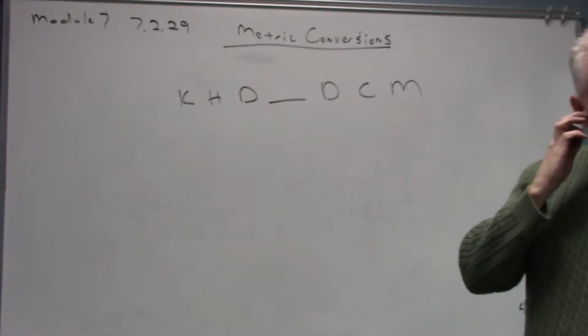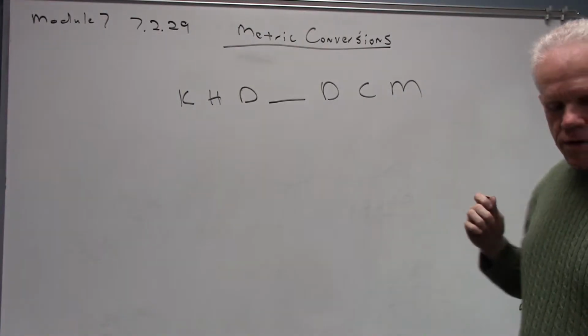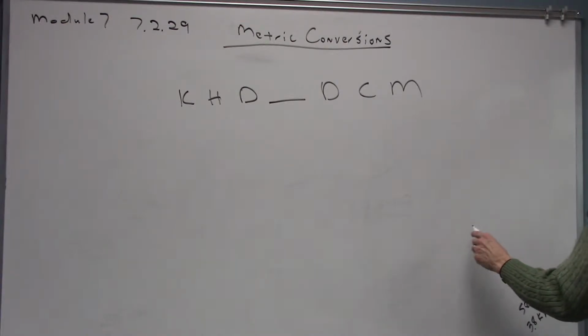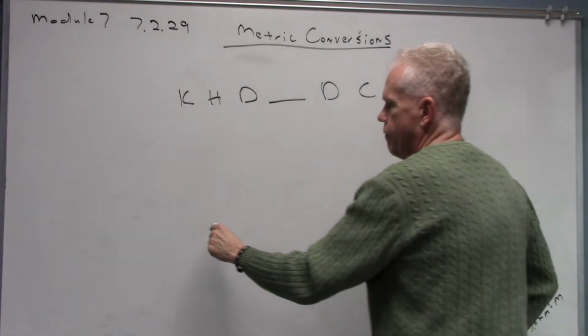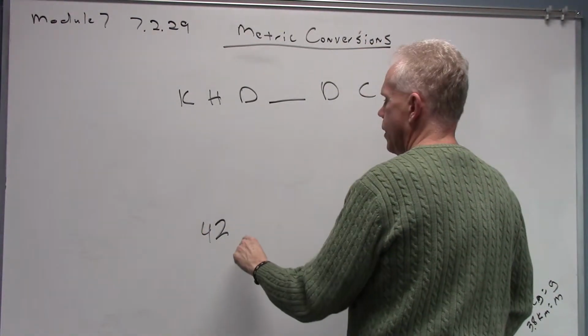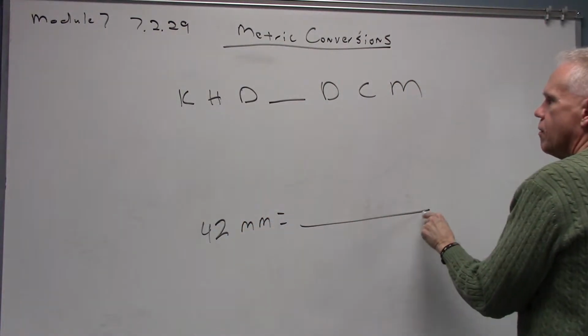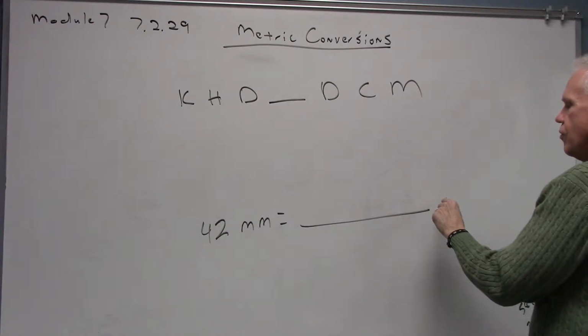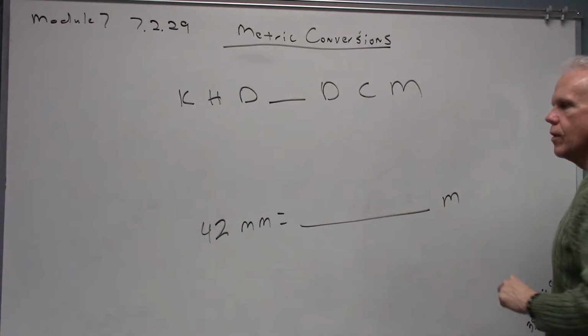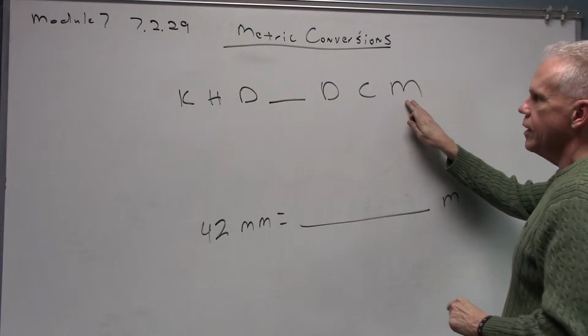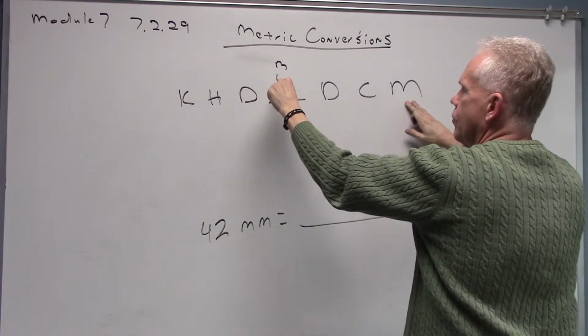So let's say I want to do a conversion of 42 millimeters equals how many? Let's do that to just straight meters. Okay, so I'm starting at milli, and I'm coming back here, meters, liters, grams.